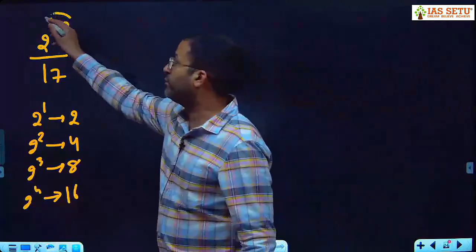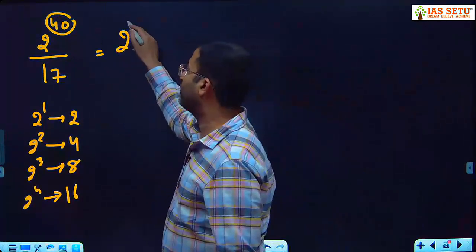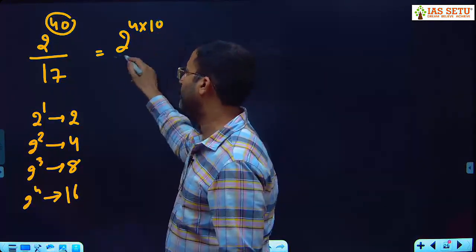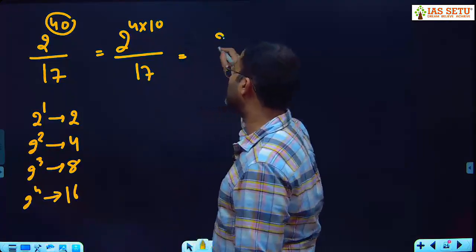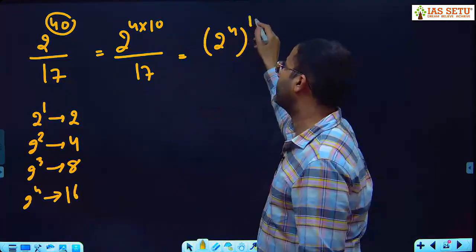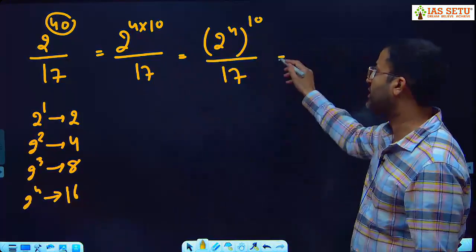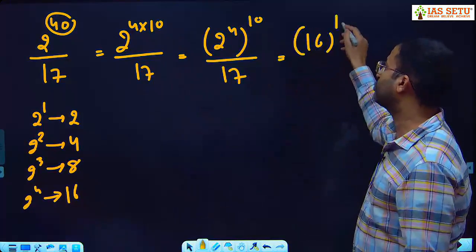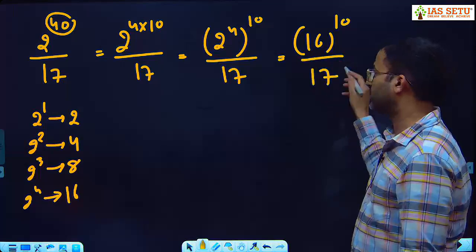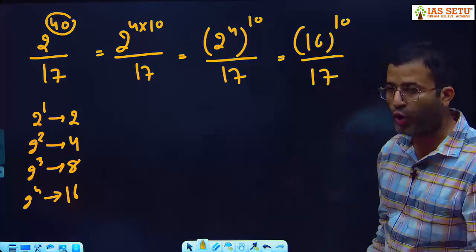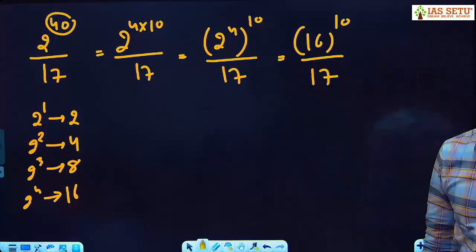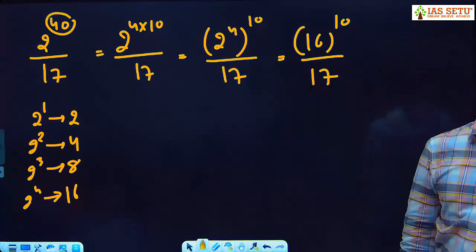So here we break 40 as 2 to the power 4 into 10. We write it as 2 to the power 4, bracket 10. What is 2 to the power 4? 16. So it is 16 to the power 10 divided by 17. Now you have two options: either multiply 16 ten times or take help of negative remainder.